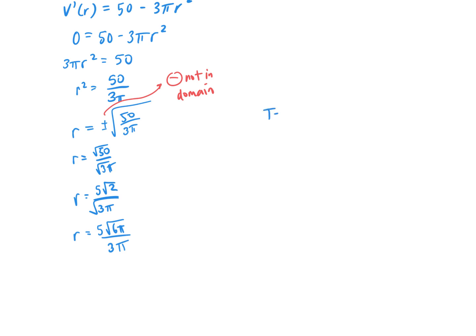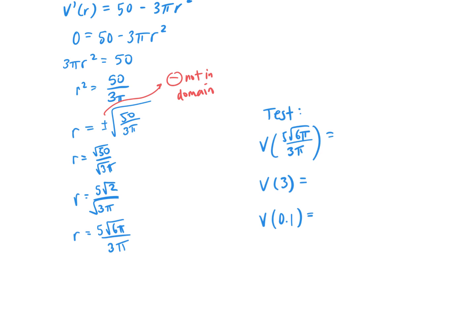And now I'm going to test some values. So I am of course going to test my radius from the critical point. I'm going to test 3. And although I can't include 0, because then I won't have a volume at all, I'm going to test something really close to 0, just to make sure that that radius won't maximize the volume.